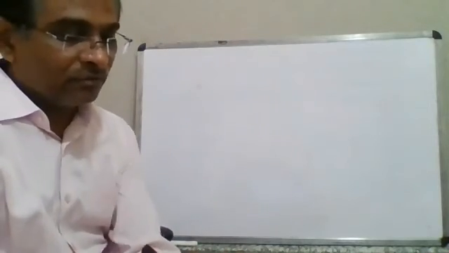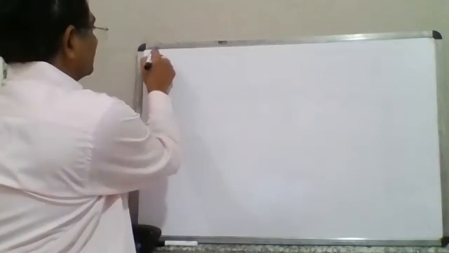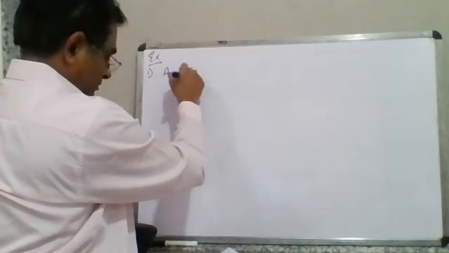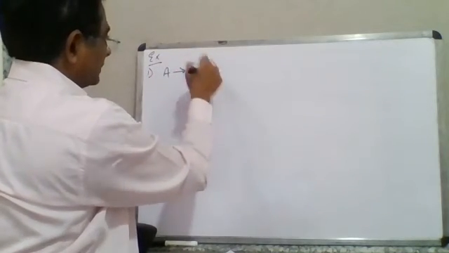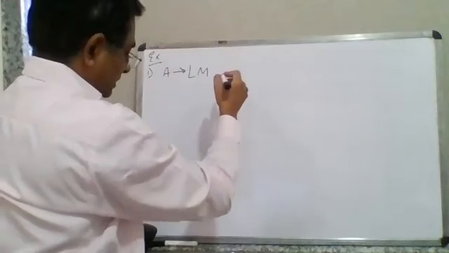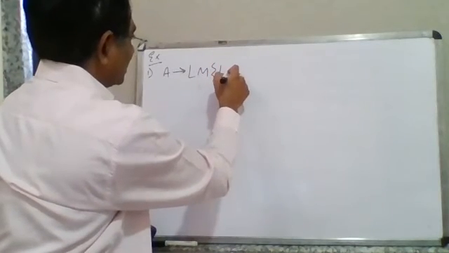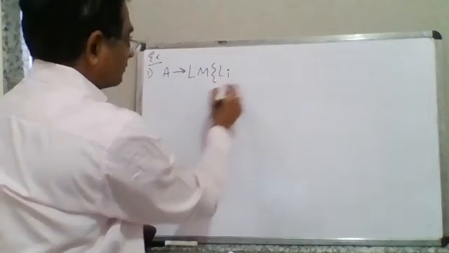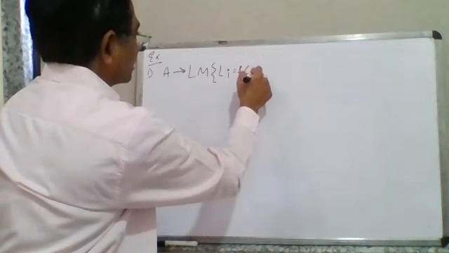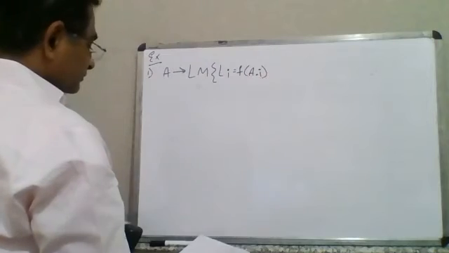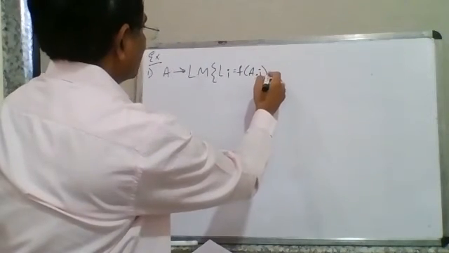Right. So I'm giving you one example. Let's say first is E tends to LM. The action part is L.i is a function of A.i, and that is one thing.